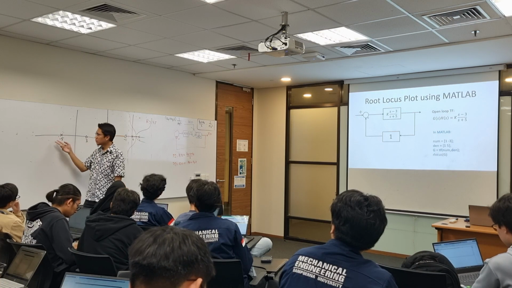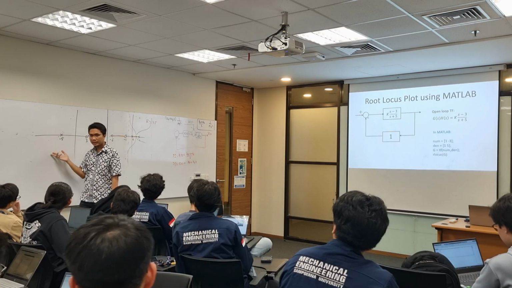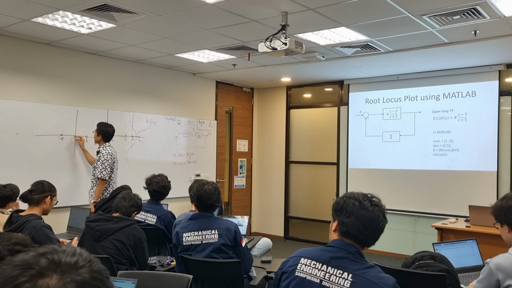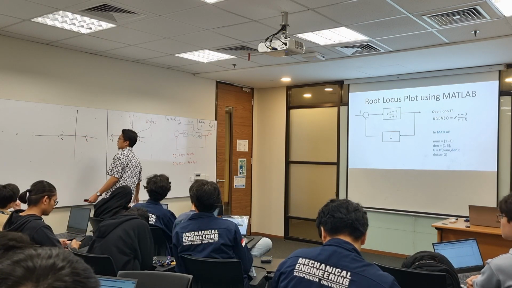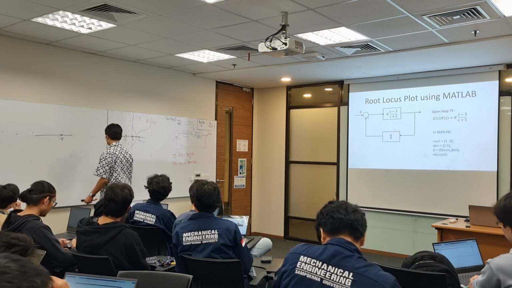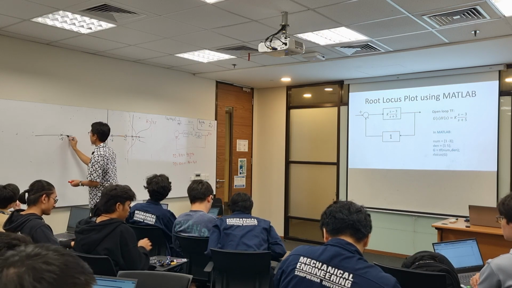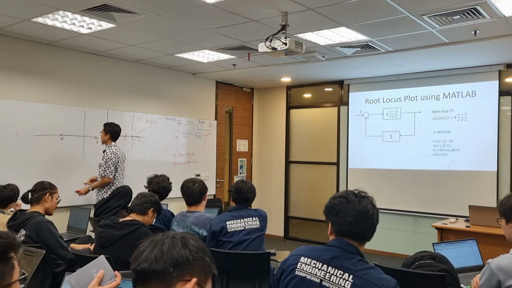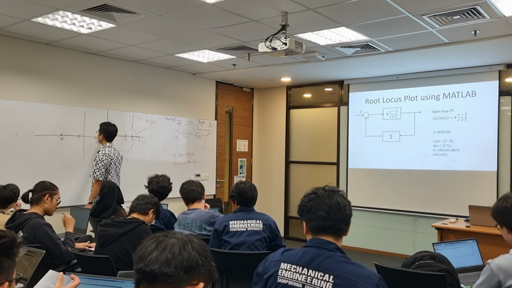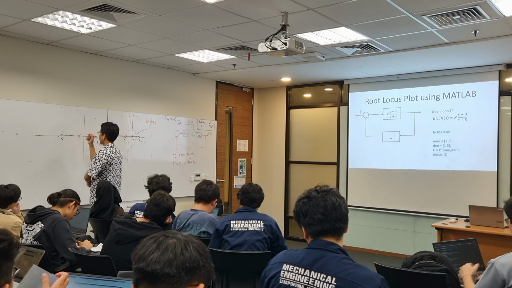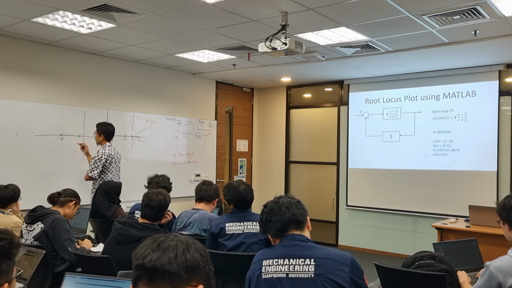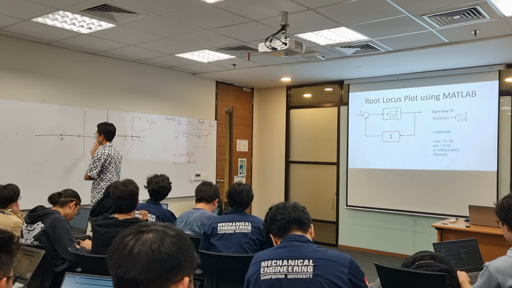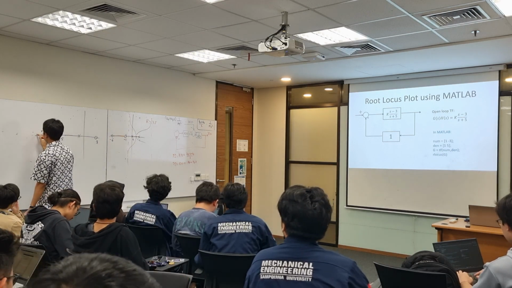Let's say I add two poles and 1 zero, 2 open loop poles and 1 open loop zero to this, and I will put them, sorry, this is too close. Okay, and I will have another one over here.